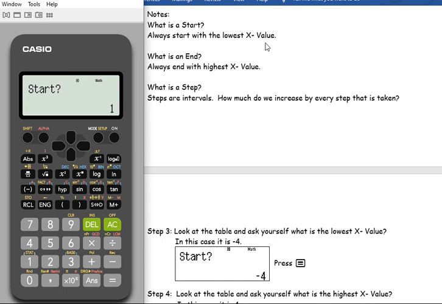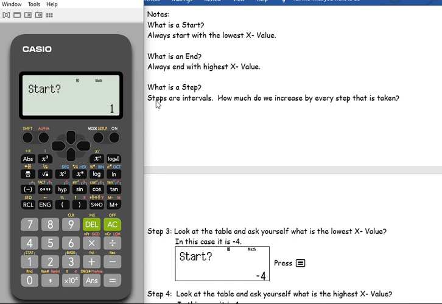What is an end? If our start was our lowest x value, our end is always going to be our highest x value. Again, where can these be found? Either on my x-axis or alternatively in the table that was provided.